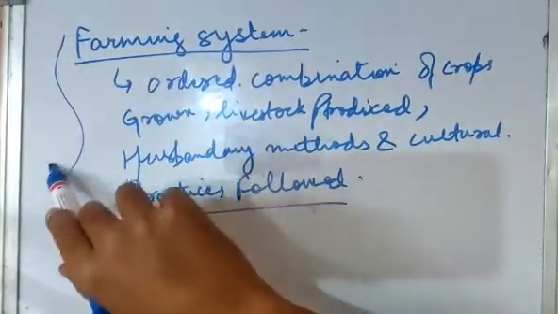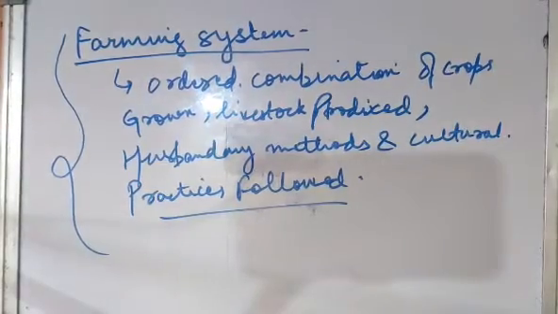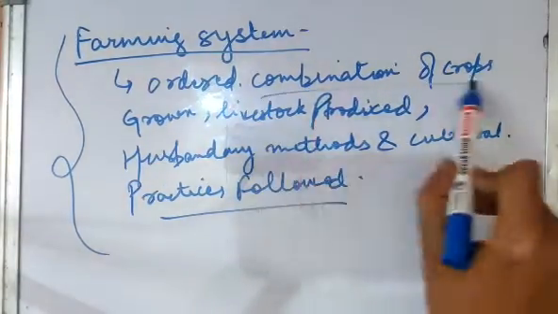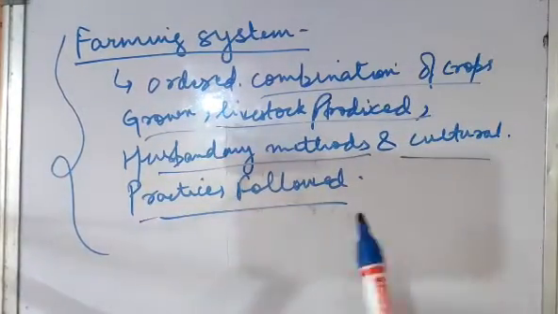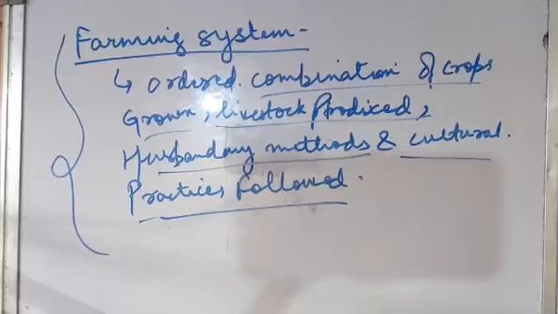So this is the normal definition of a farming system: a combination of crops grown, livestock produced, husbandry methods, and cultural practices followed.